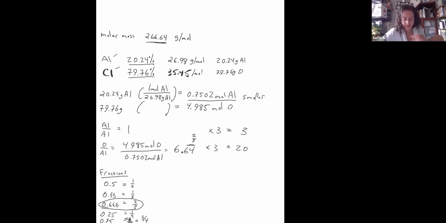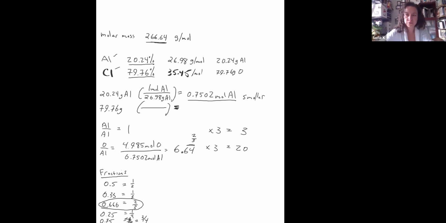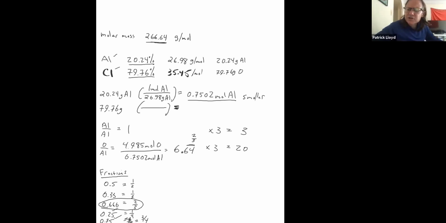So, Professor, I'm actually kind of glad you made that error, because I'm wondering if we're going to get a problem where we're going to have to deal with a fraction that's a little bit more complex than the 0.5. Yeah, it could happen. I haven't seen any here today, but it could happen. You could get a third or 2/3. It's even possible you'll get a 1/4 and 3/4.